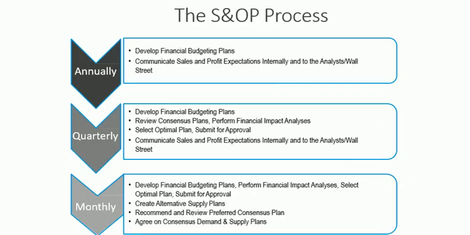So the complete sales and operation process I have defined over here starts from annually, and then we will move over to daily. On an annual basis, we should develop the financial budget plans, and these plans should be detailed, not a smaller one. Then we should communicate those plans to our sales department, and also the profit expectations. Because if we do not communicate our sales and profits to our salesperson or our internal employees, then they will not be able to achieve that target.